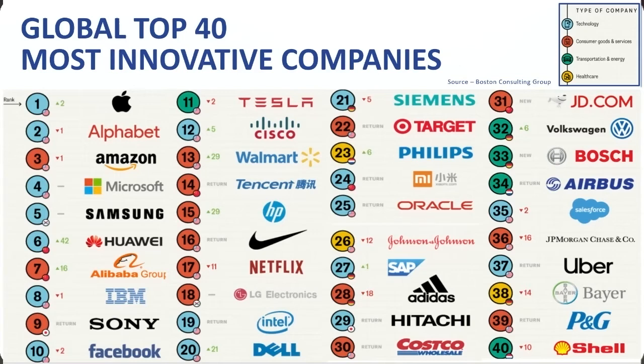The two main points I want to make here really are, if you look at the top 10 global most innovative companies, 7 of them are technology companies, and 50% of the top 40 are in America. Now you need to hold that thought, because I need to come back to that on the next slide when we talk about Australia and where we are here. So technology is certainly dominating the most innovative companies globally.